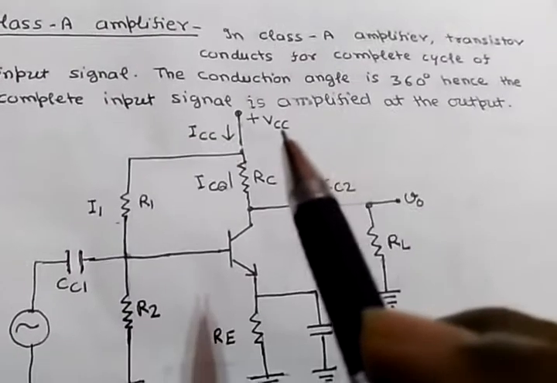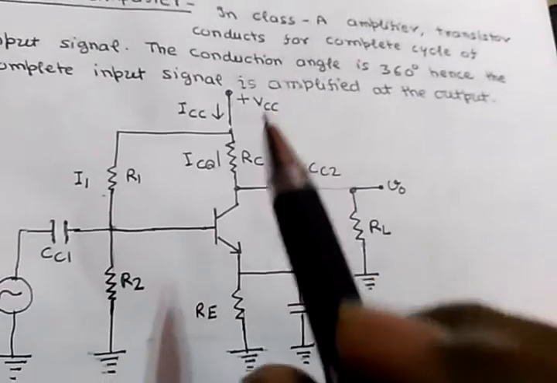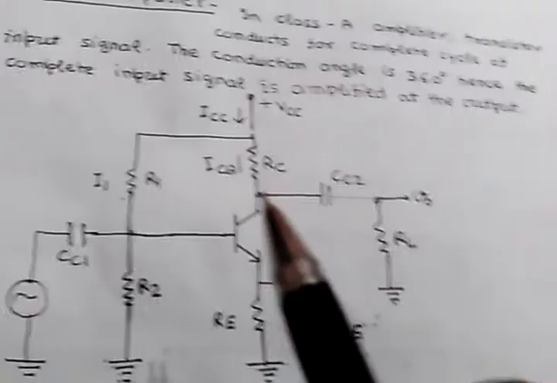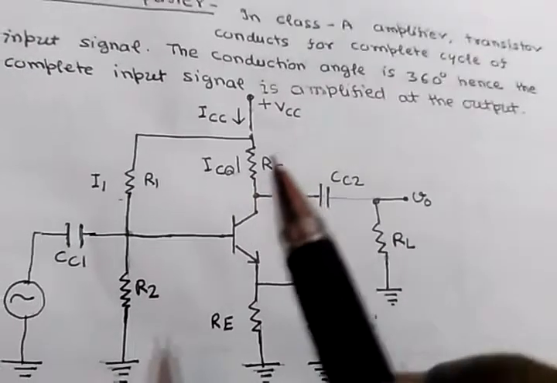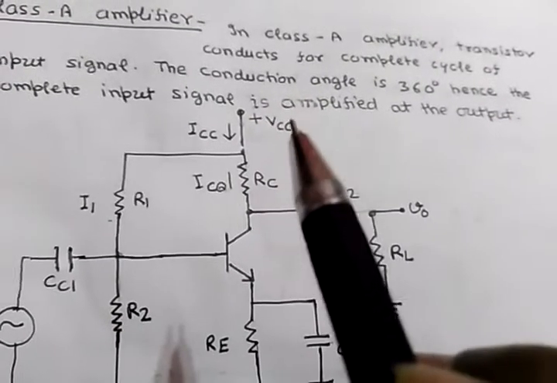VCC is the voltage of the power supply. This power supply is connected to the collector through the resistance RC, and ICC is the current supplied by this power supply.